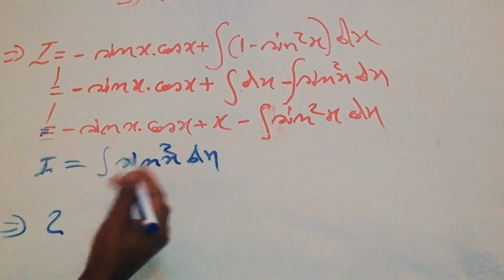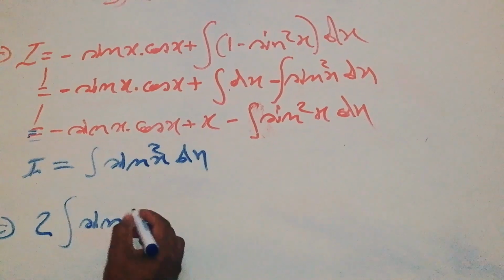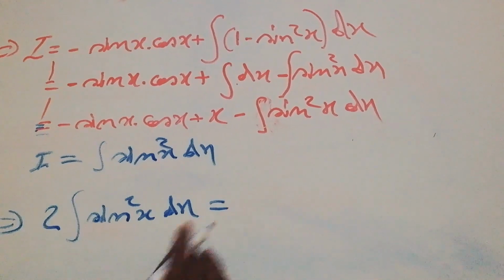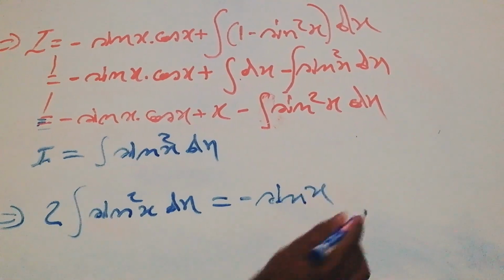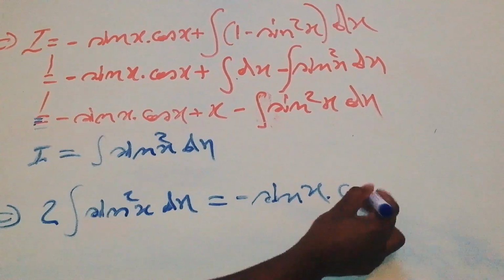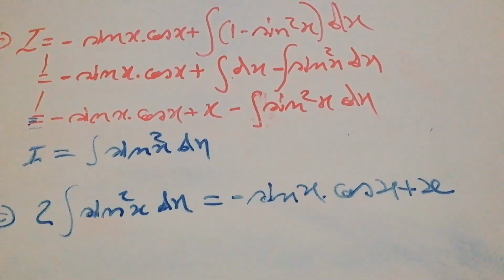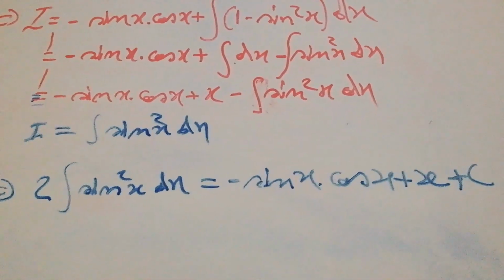So this gives me then 2 times the integral of sin squared x dx is equal now to minus sin x, right, times cos x, plus x, plus c, okay, right.